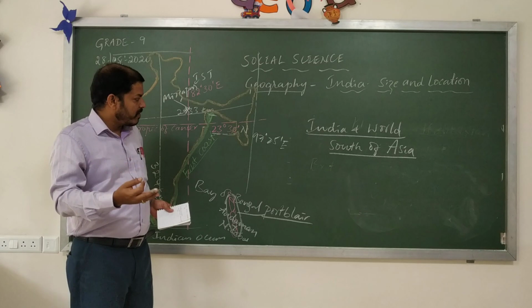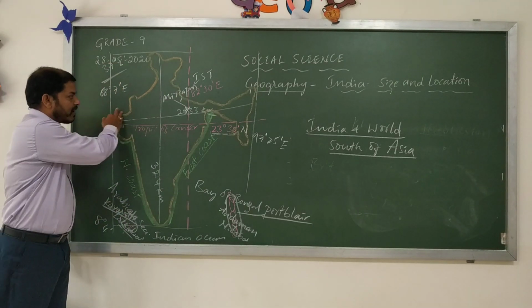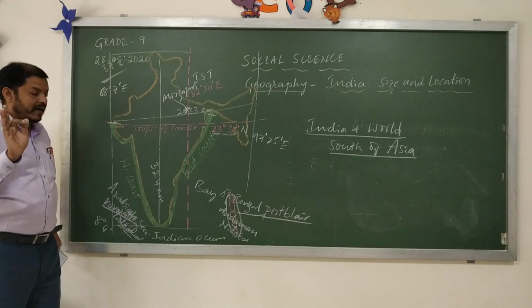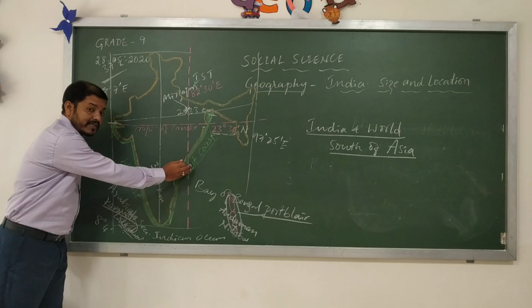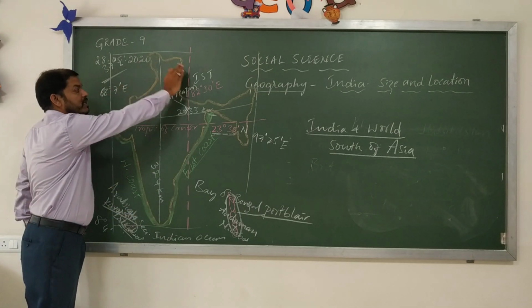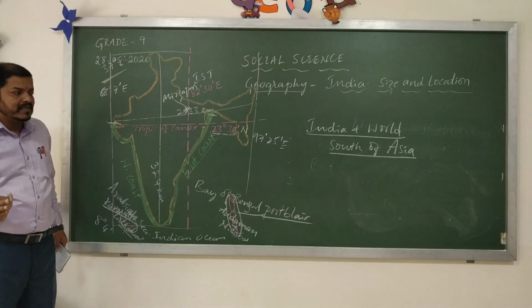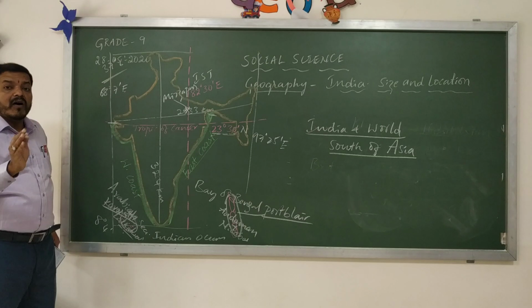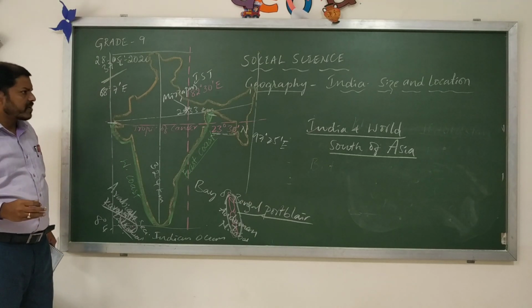You know that India is a peninsula because three sides are covered by water, but only this portion is left. Here so many countries share their boundaries, and they are called neighboring countries. Which are the neighboring countries that share their boundary?